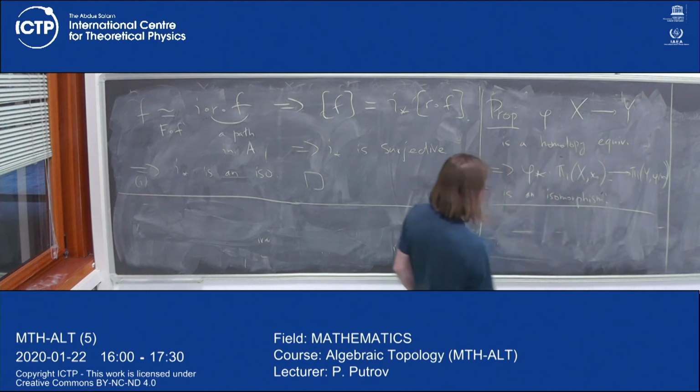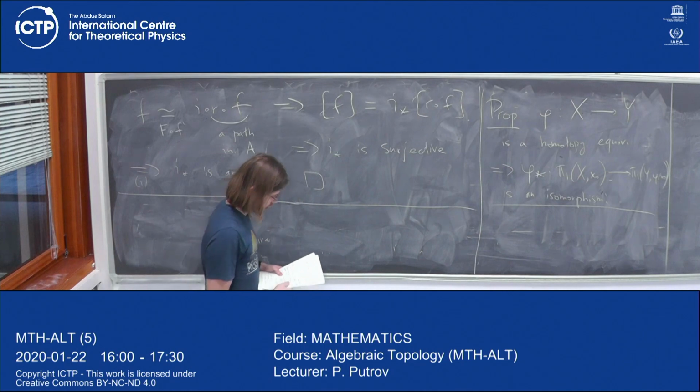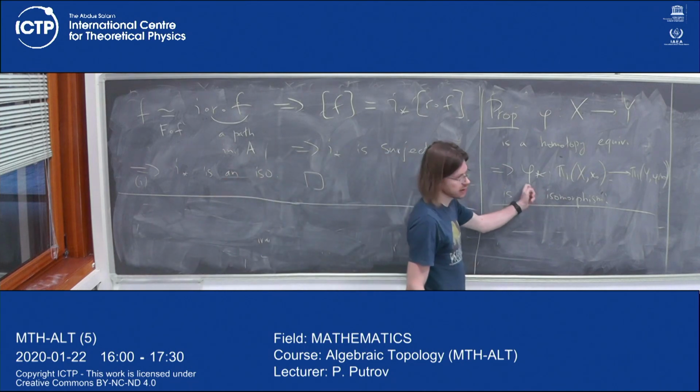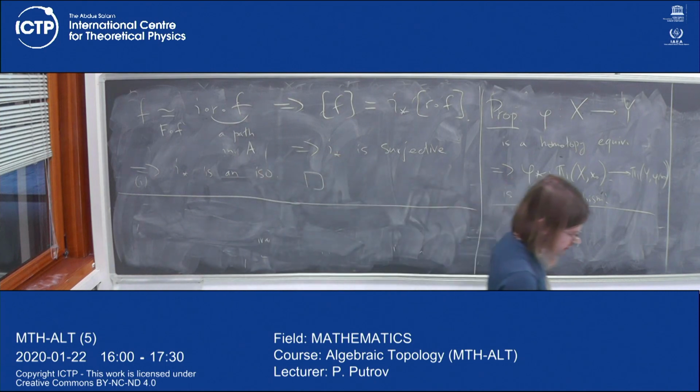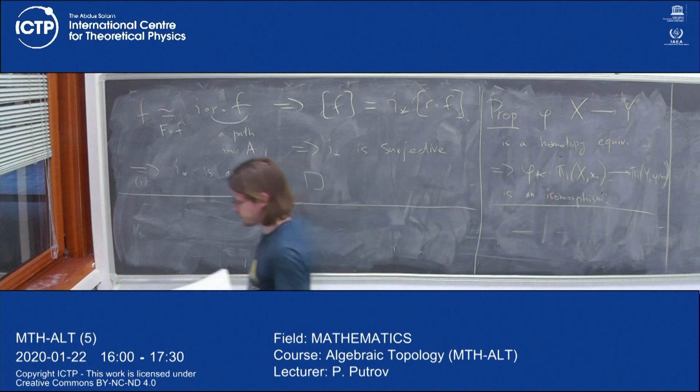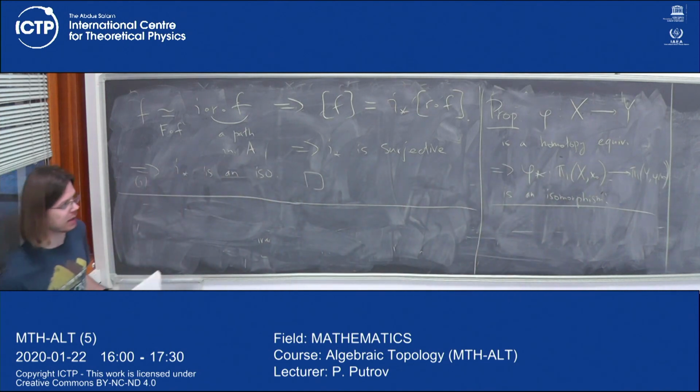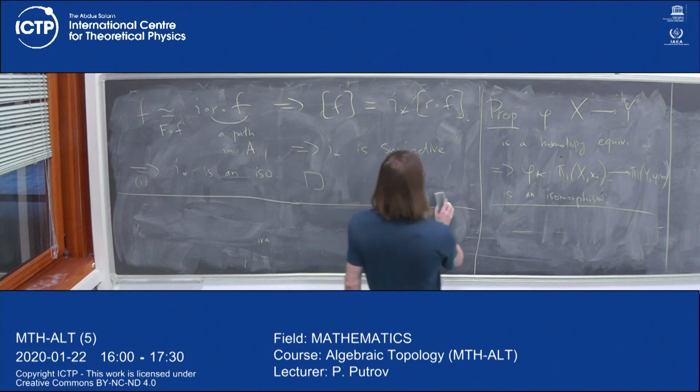Essentially, the second part of the previous proposition was a particular case of this more general statement, because if we have a deformation retraction, we have a homotopy equivalence between X and its corresponding subspace.